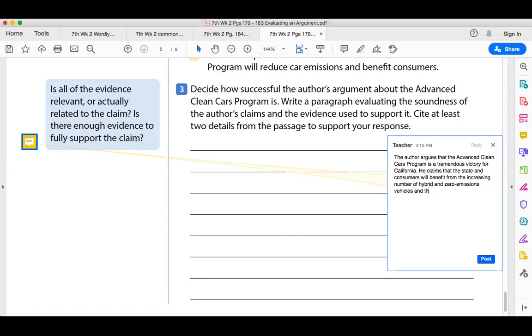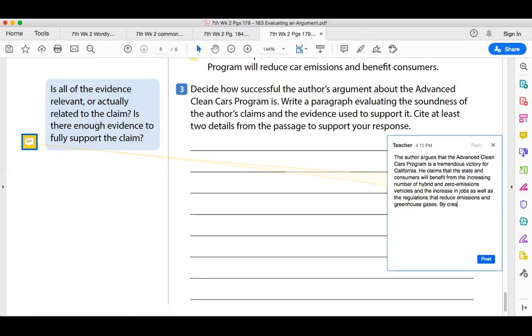Vehicles. And the increase in jobs, as well as the regulations that reduce emissions and greenhouse gases. And those are, I'm citing from the text, but I'm writing in my own words.